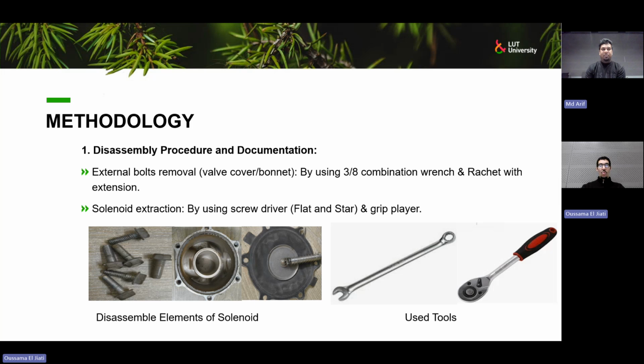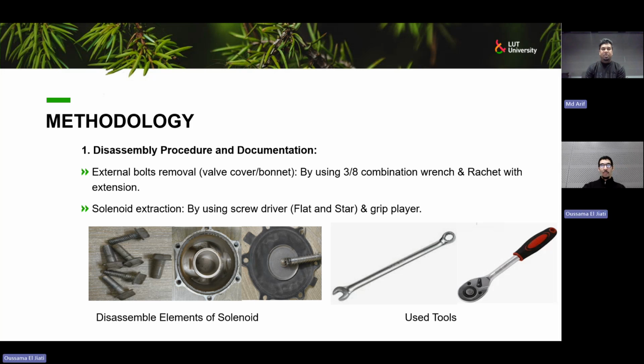We remove the valve cover or bonnet by loosening the threaded fasteners. For that, we used a 3/8 inch combination wrench and a ratchet with extension. Second step, solenoid extraction. The solenoid assembly was removed using flat and star screwdrivers. And for gripping and pulling where needed, we used a grip plier.